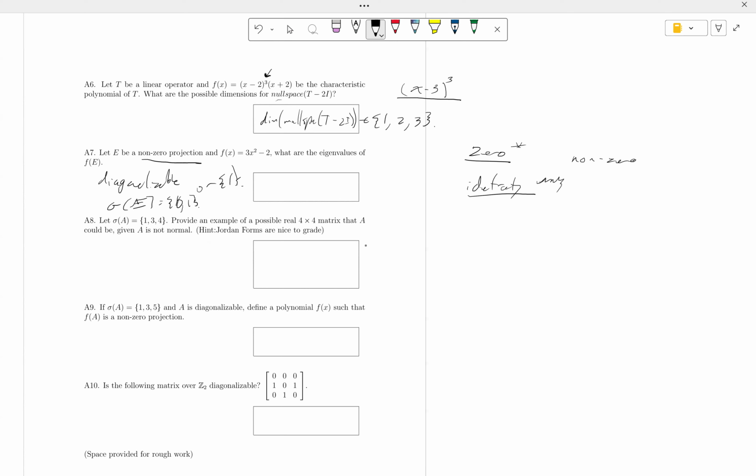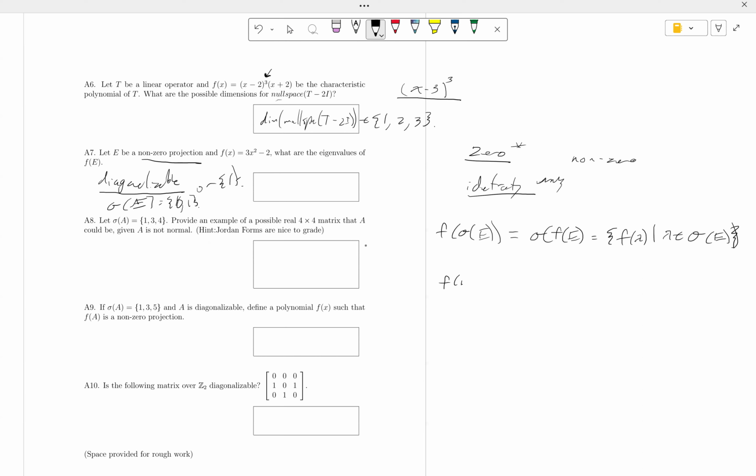But because of this, we know it's diagonalizable, which means that we know it's upper triangular, meaning that f of sigma of E is equal to sigma f of E, which equals the set of f of lambda, where lambda is in sigma of E. So what I'm doing is I'm just going to apply this polynomial to both of these sets.